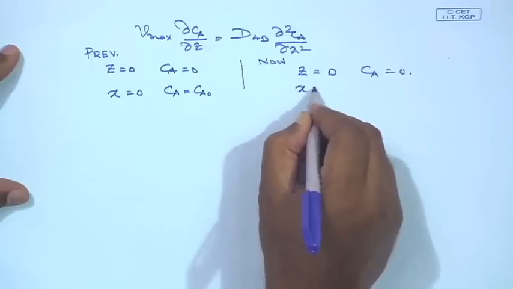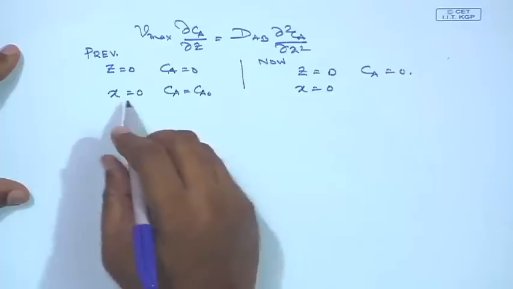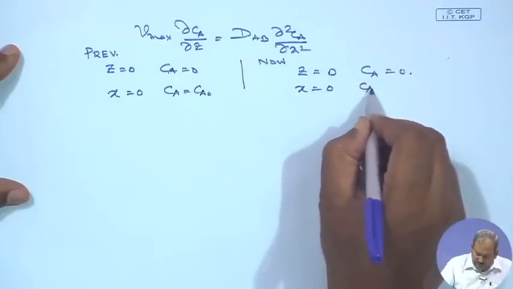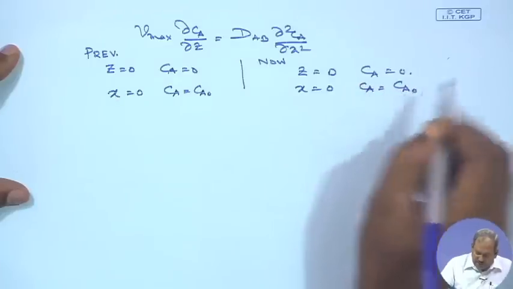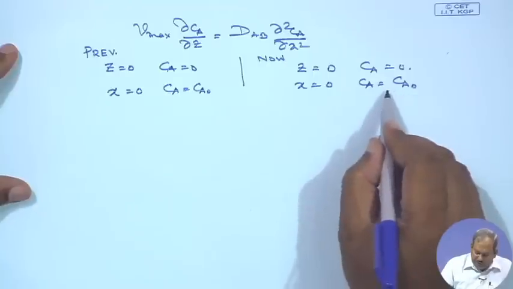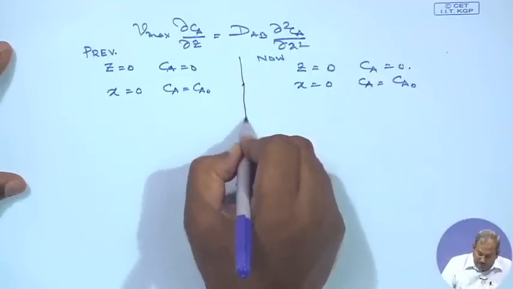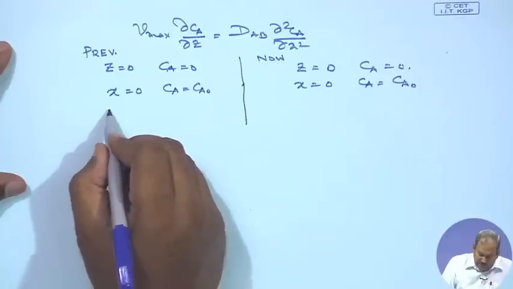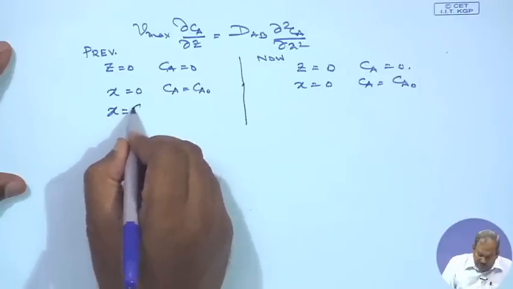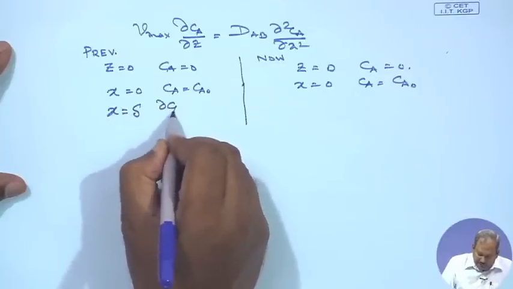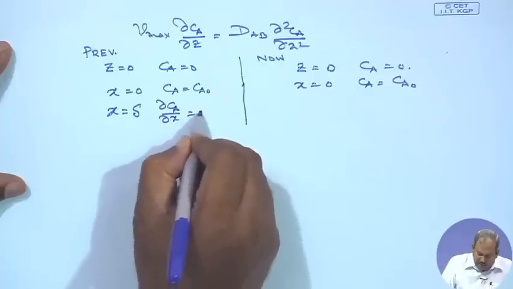I use the same over here, that is at the interface the concentration is going to be equal to some interface concentration, which could be the solubility of A in B. And the third condition that I have used is the impermeable wall condition, that is at x equals delta, del Ca by del x is equal to 0.